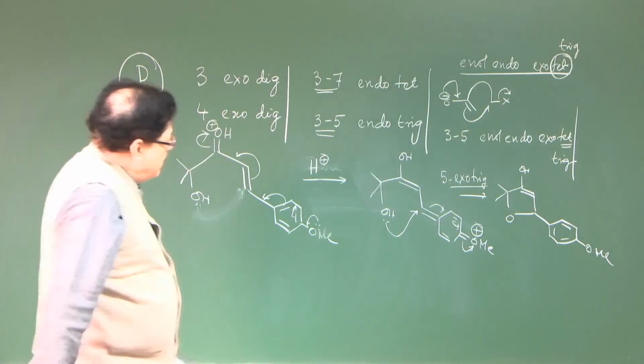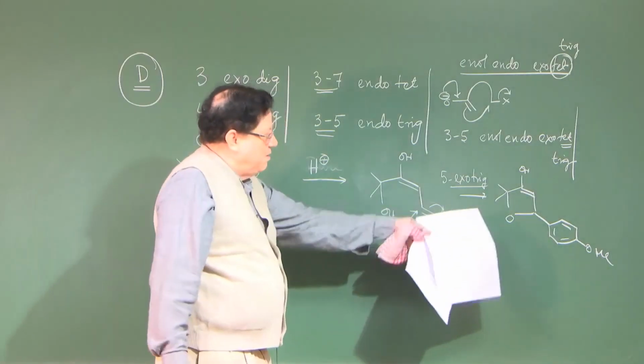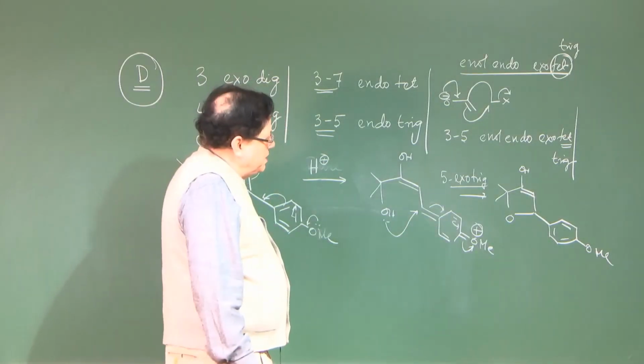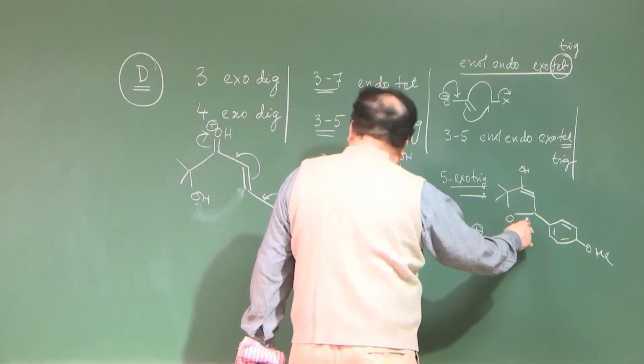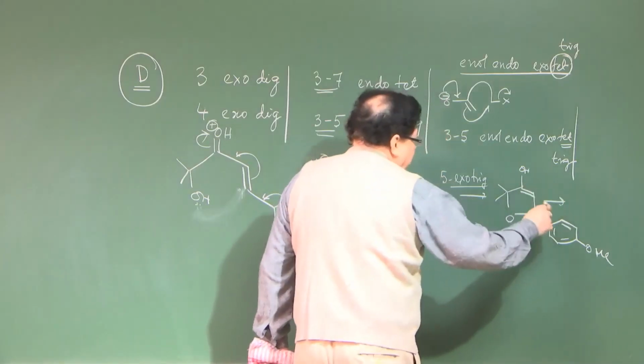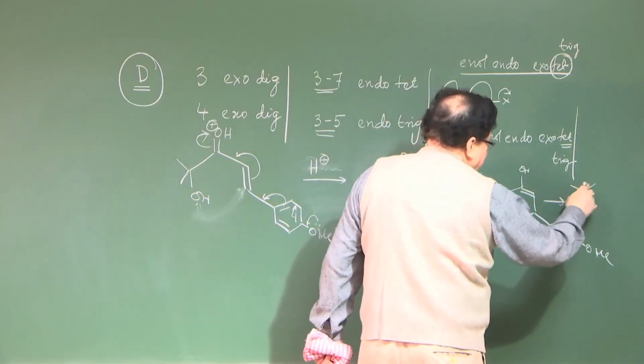That is why this type of cyclization is possible. Now the only thing is that you have to tautomerize the enol into the carbonyl, and that is the final product.